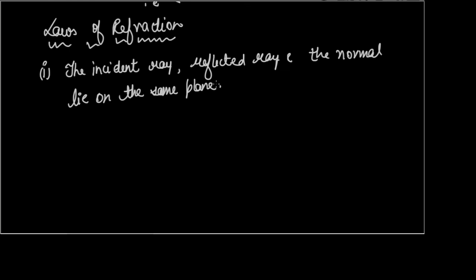If you are considering these three rays, they are going to be in the same plane. They are not going to be away from each other. Sorry, this is not reflected, this is refracted. So the incident ray, refracted ray, and the normal lie on the same plane.